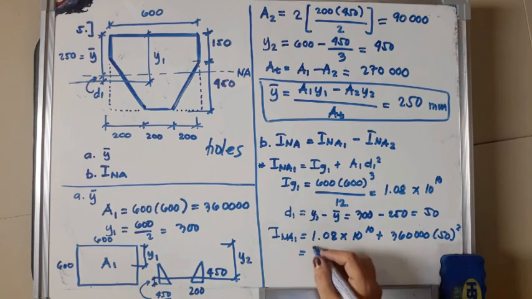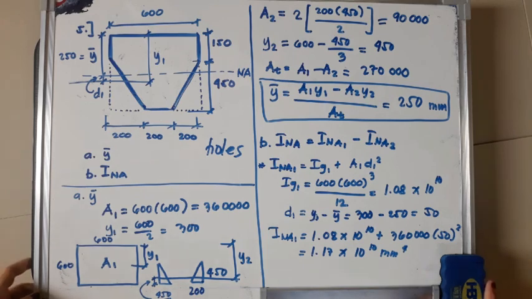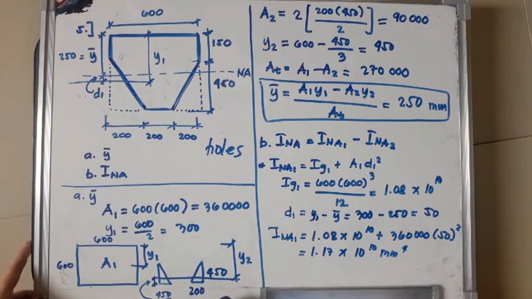So 1.17 times 10 raised to 10 mm4. So the calculation does not end here because we are required to solve for I of A2. I of A2 is the moment of inertia with respect to the neutral axis of the two triangular holes. Okay? So let's solve for I of A2.